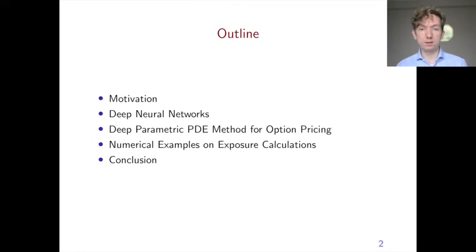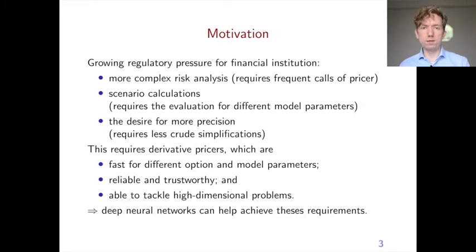exposure calculation. The motivation of our work lies in the growing regulatory pressure which financial institutions are facing. Regulators require banks to provide a more complex risk analysis, which includes frequent calls of a pricer.